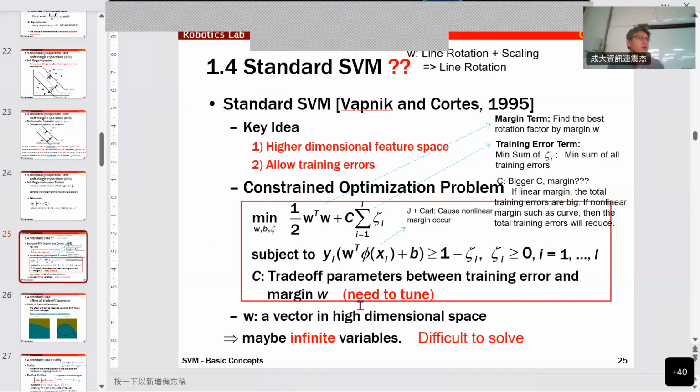Now you are back to thinking about deep learning. Right now, deep learning uses mean square error or cross entropy, right? And you do not have a margin. First of all, you do not have a noise term.